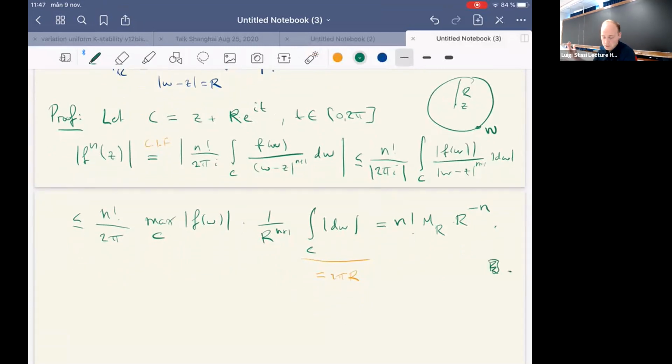This has a name, Cauchy's estimate, but actually it really is something that you can do by hand, and you can redo it every time. So I don't think it's something that you need to remember, what exactly the formulation of Cauchy's estimate was. You just learn how to do it: if you have this kind of integral, you put the absolute value inside, you consider the maximum of this function along the circle, or along the curve where you integrate, and then you get a very similar kind of estimate.